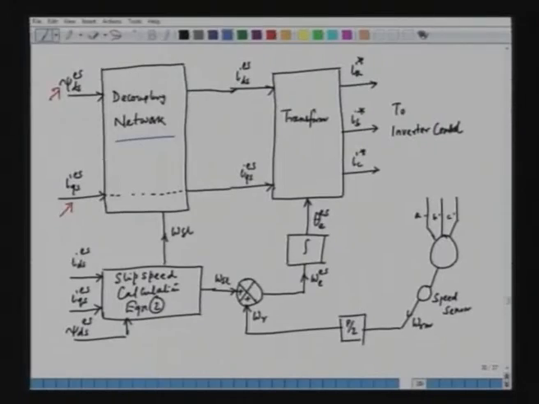We will now discuss an interesting area of modern AC drive control, that is the speed sensorless control, and we will see how the speed sensorless control can be implemented in an induction machine. Of course, whenever we want a drive, very often we go for a closed loop speed feedback.